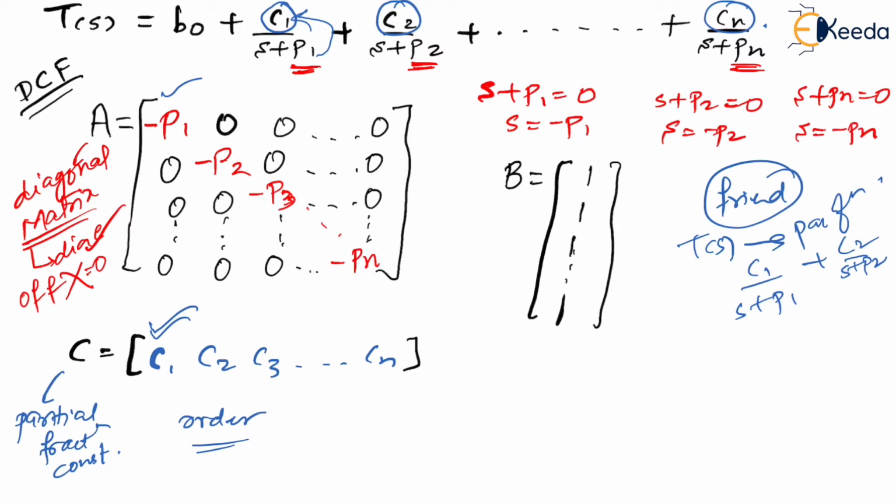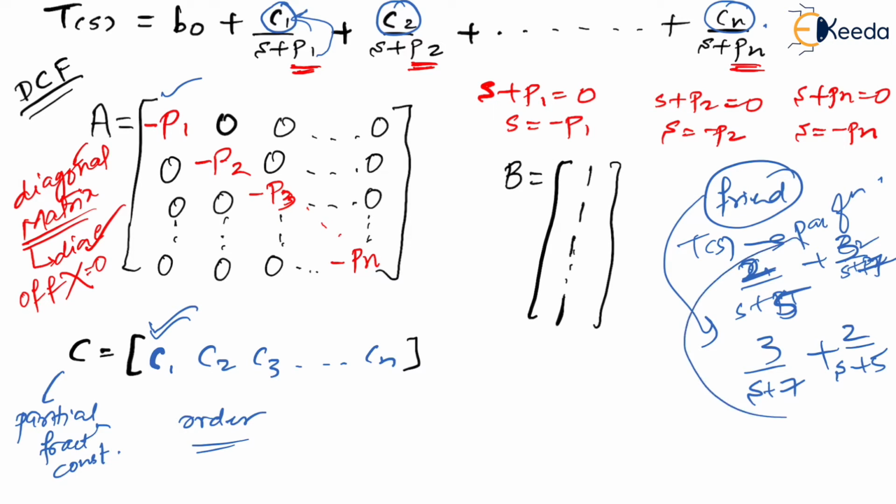But at the end of the day, these c1 and p1 are constants only. So let me consider this is 2, this is 5, this is 3, and this is 7. Now your friend solved it as 3 upon s plus 7 first, and then 2 upon s plus 5, and he added them. Both are correct.